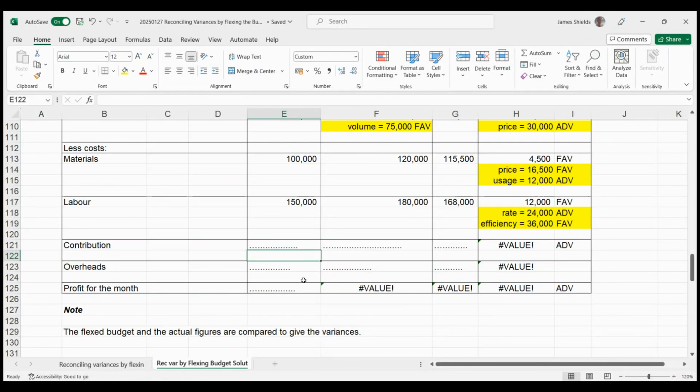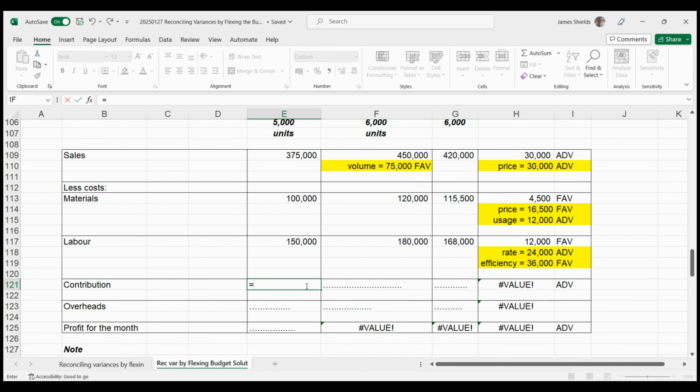Now the contribution is going to be your sales, less your materials, less your labour. For your 6,000 units flex budget, it's going to be your 450,000, take away 120,000, take away 180,000.